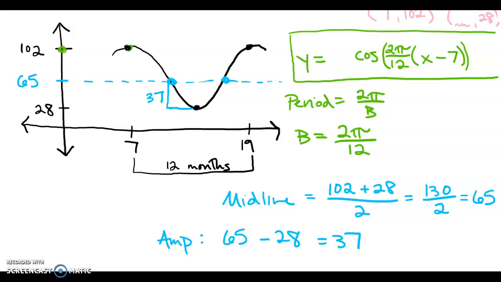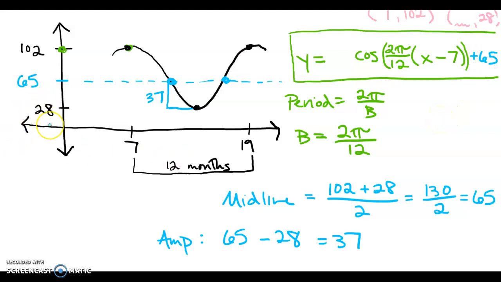If you want to double check, the distance between 65 and our maximum is 37. The distance between 65 and 28 is 37. But that's what the average is. It's the middle of two numbers. And so that's what I use to find my midline. So I'm going to add 65 to the end of my function here.